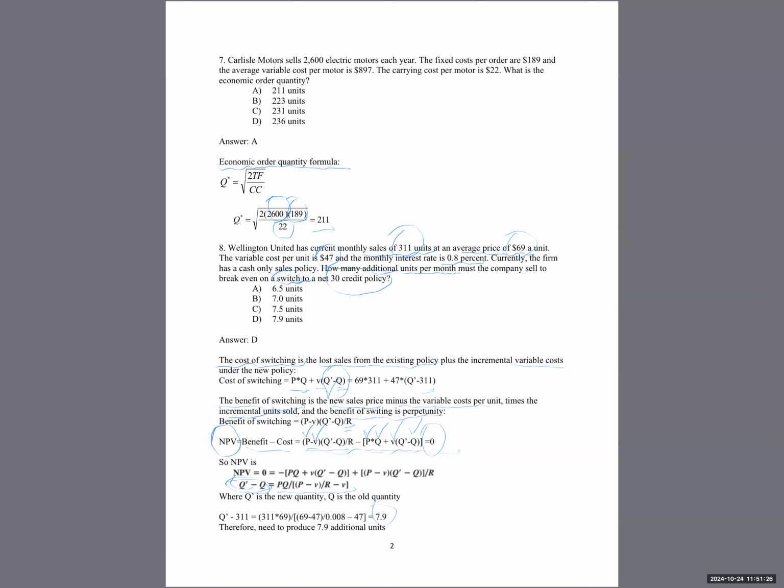So the company needs to sell 7.9 additional units.